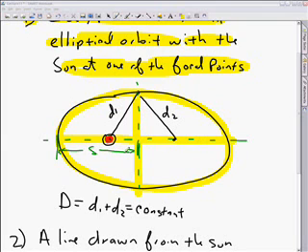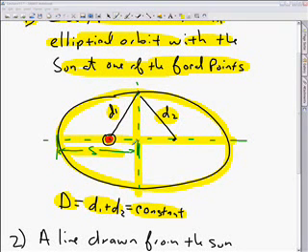The major axis has a distance s, and basically the deal with ellipses is that for the focal points, if we add the distance from any point here to one of the focal points, and the distance from the same point back to the other focal point, if we add those two together, they remain constant. Okay, so the total distance, d1 plus d2, is equal to a constant.